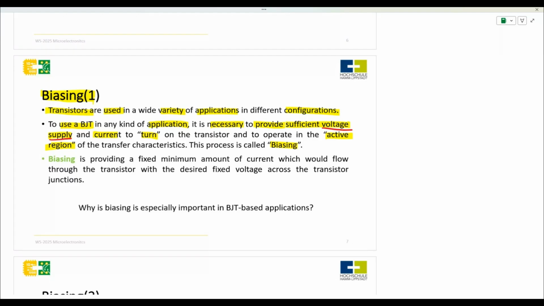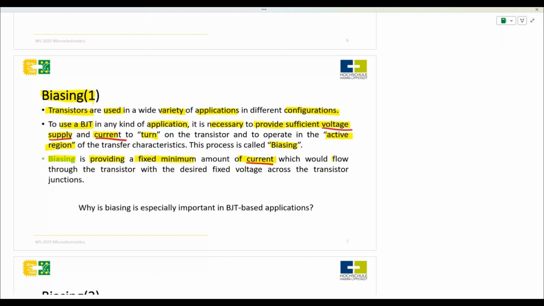But let's see in detail. So biasing is providing a fixed minimum amount of current which will flow through the transistor with the desired fixed voltage. So remember, we have a fixed minimum amount of current, and that is what would flow through the transistor.